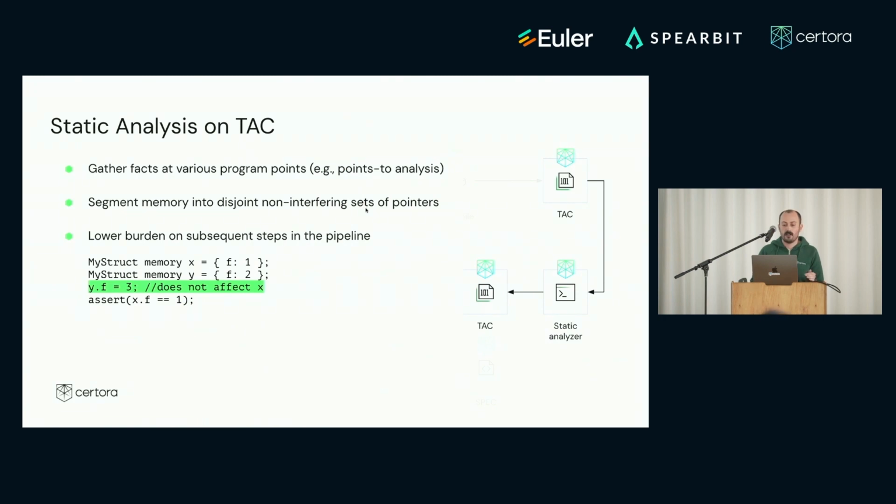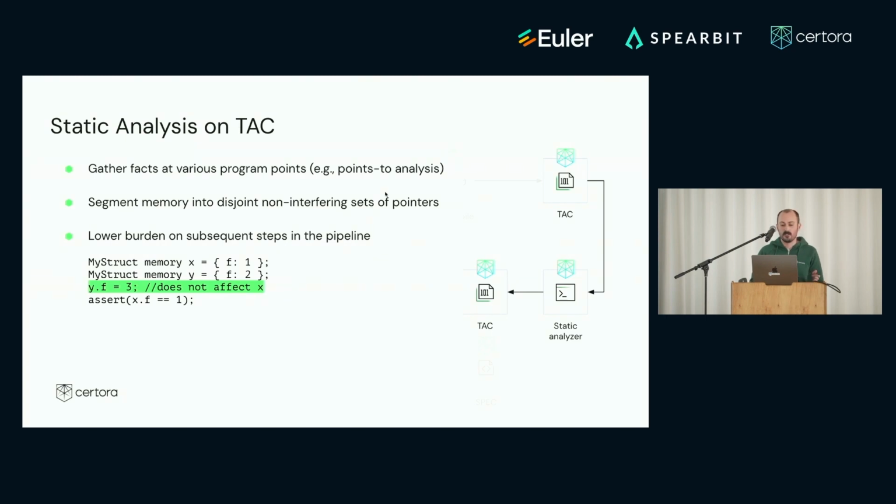Once we have TAC, we then do some other optimizations. For example, we can do a points-to analysis that shows which values different regions of memory can point to, and lets us segment the memory into completely disjoint sets and then eliminate some unused code.